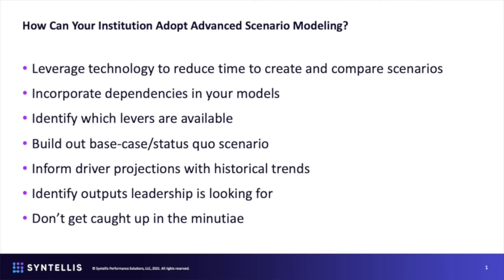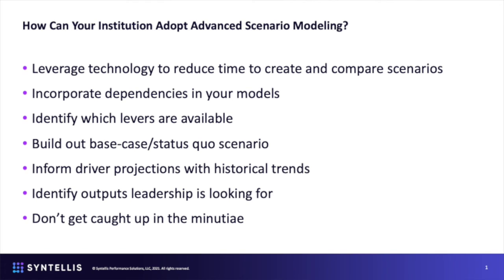We advise building out just the base case or the status quo scenario, so that you've got a baseline over a 5 to 10 year time horizon, that then as you model in different initiatives, as you model in aggressive strategies, you get to see how you go above and below that line. Want to make sure we're using historical trends also to inform drivers. That's really important, so that you're being realistic about your projections.